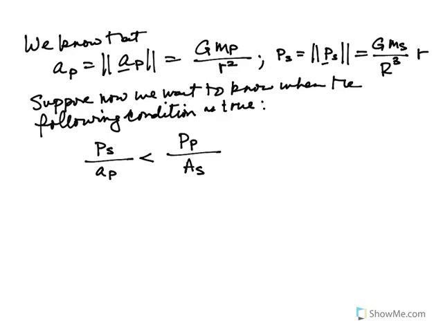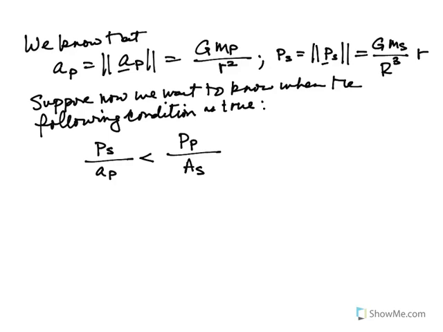What this condition actually says is that the terms on the left-hand side say, what is the ratio of the perturbing acceleration of the sun relative to the primary acceleration from the planet? And the terms on the right say, what is the ratio of the perturbing acceleration due to the planet relative to the primary acceleration due to the sun?